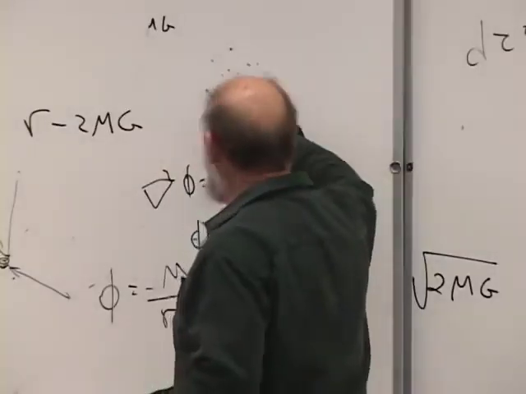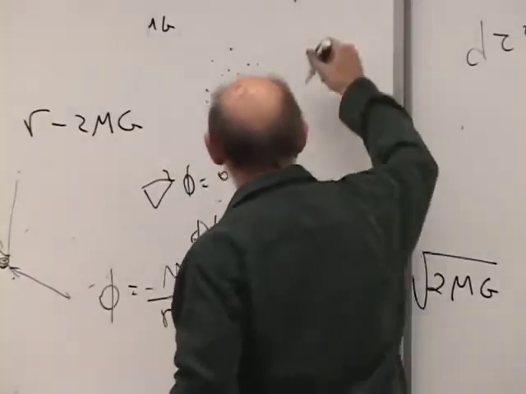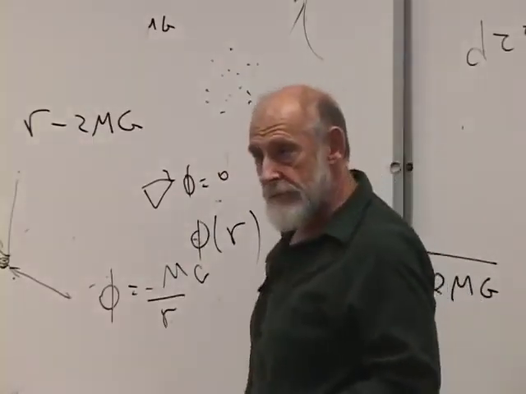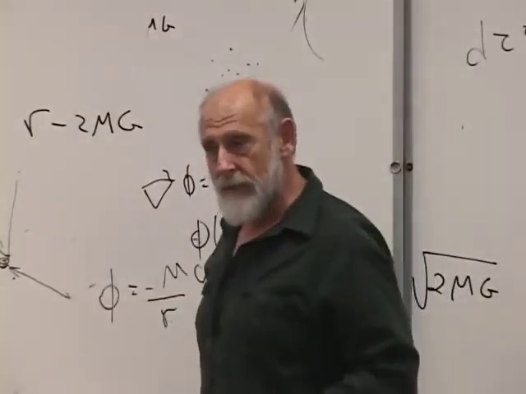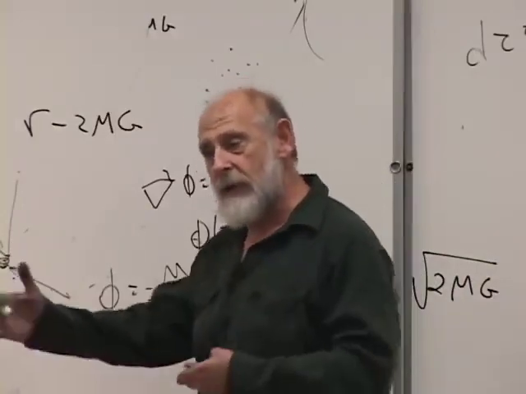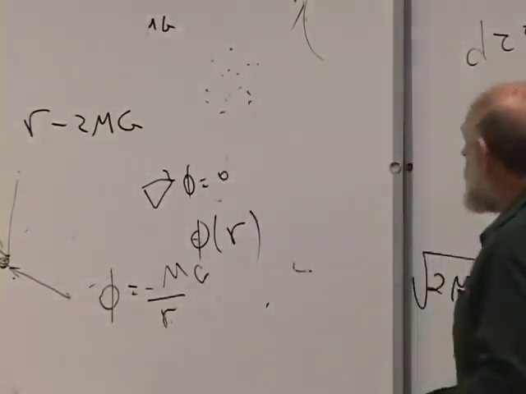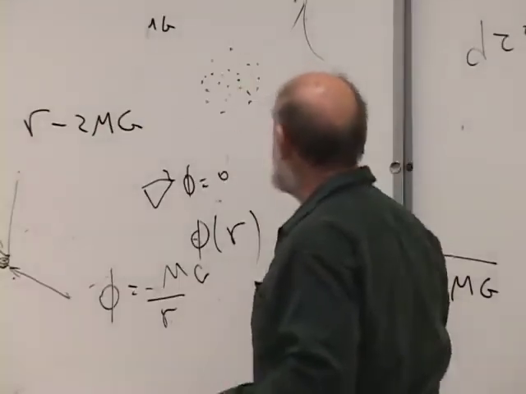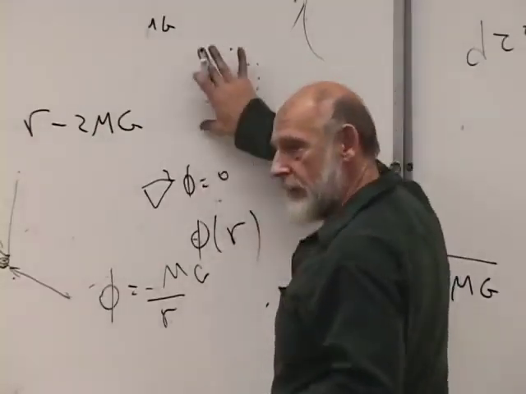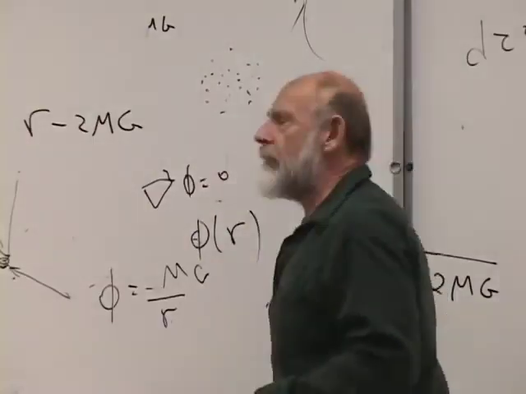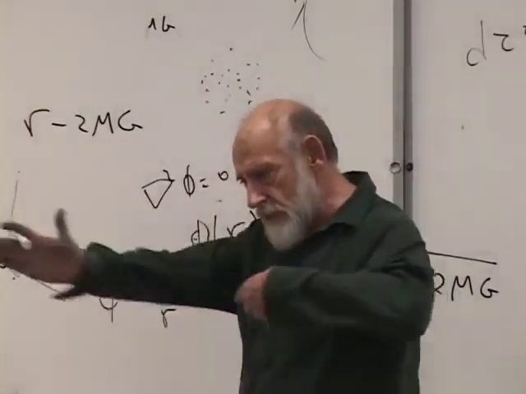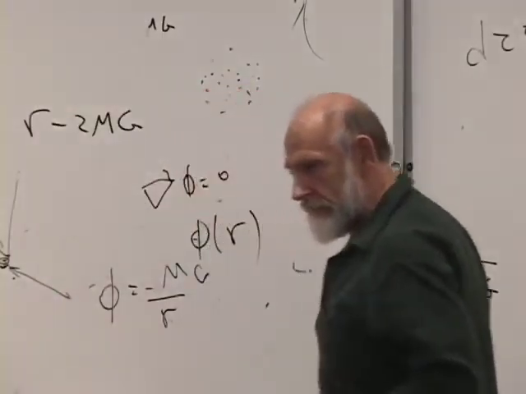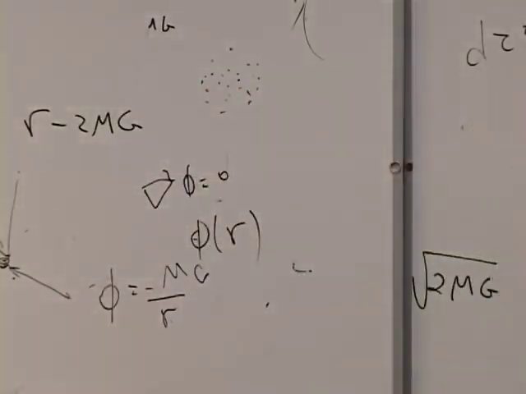And the reason is just the tiniest bit of angular momentum of one particle relative to the other will have them miss each other. Just a little bit of angular momentum will provide enough centrifugal force. So unless they are very, very symmetrically distributed with no angular momentum at all, they will just go past each other and miss each other and not form a singularity.